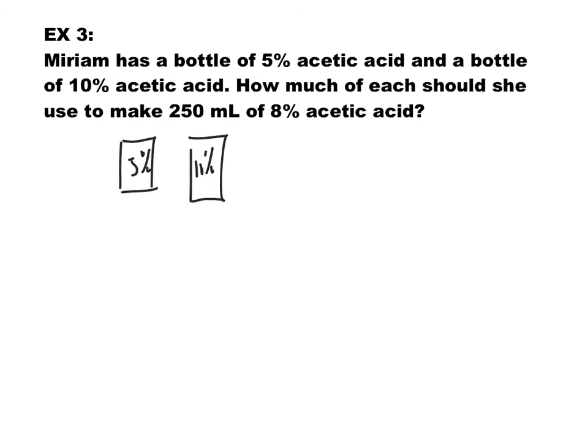Let's assume that she takes X milliliters, or liters, whatever, milliliters of the 5% and Y milliliters of the 10%. She mixes it. Now, we want to know how much of each she should combine to get 250 milliliters of 8%.